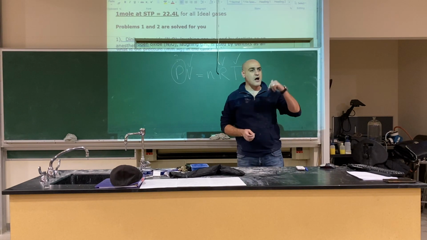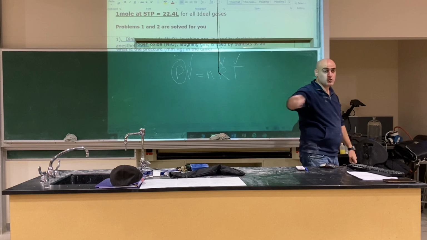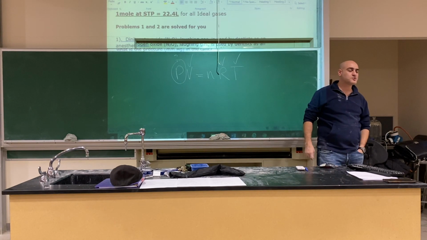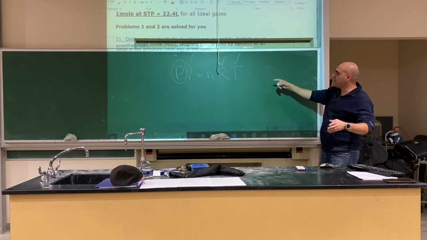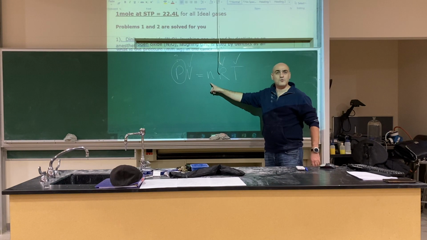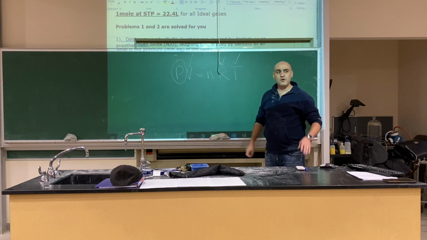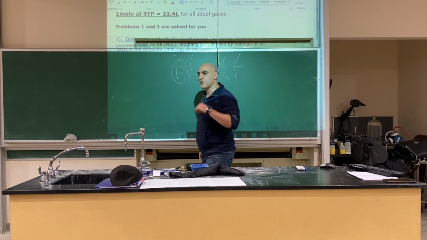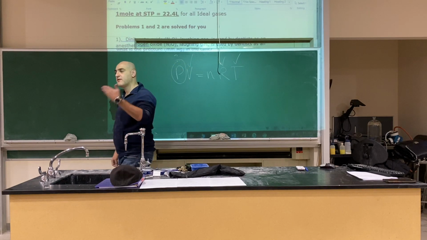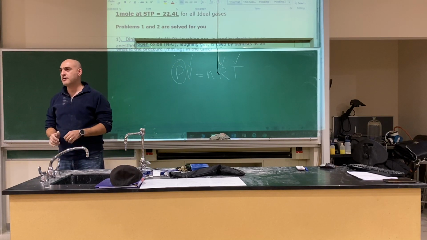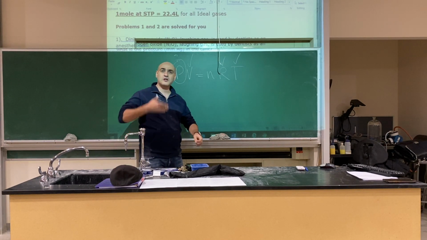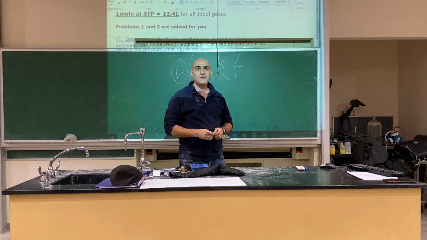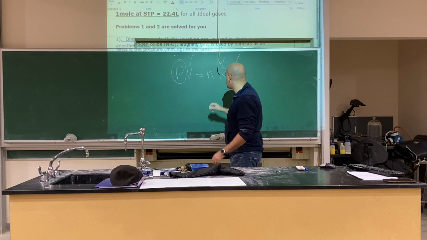If they give me grams and they tell me this is N2O, which is nitrous oxide, can I get the moles? Yes. So it's still a plug and chug, but the way these problems are going to be varied, which makes it seem hard, is by including some stoichiometry, which has to do with the moles.